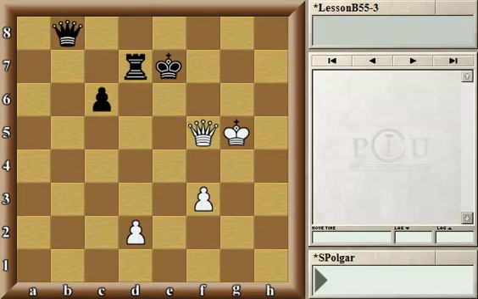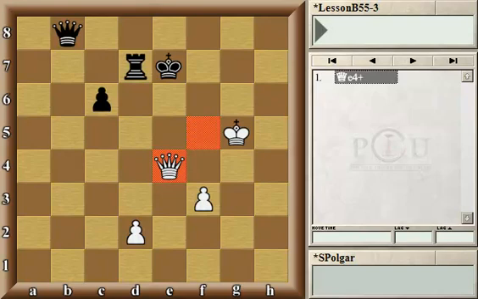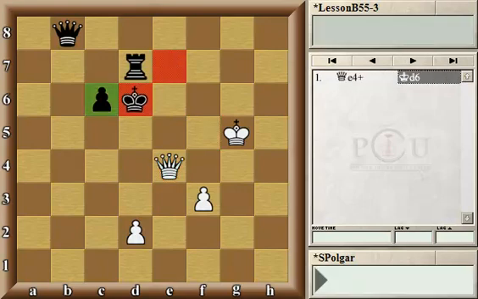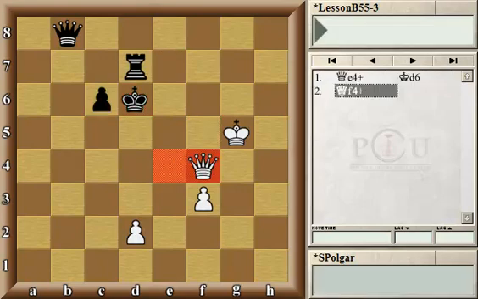For example, moving the queen right now to E4 would give an invitation for the black king to move to D6, protecting the pawn on C6, and then allowing the skewer with queen F4.